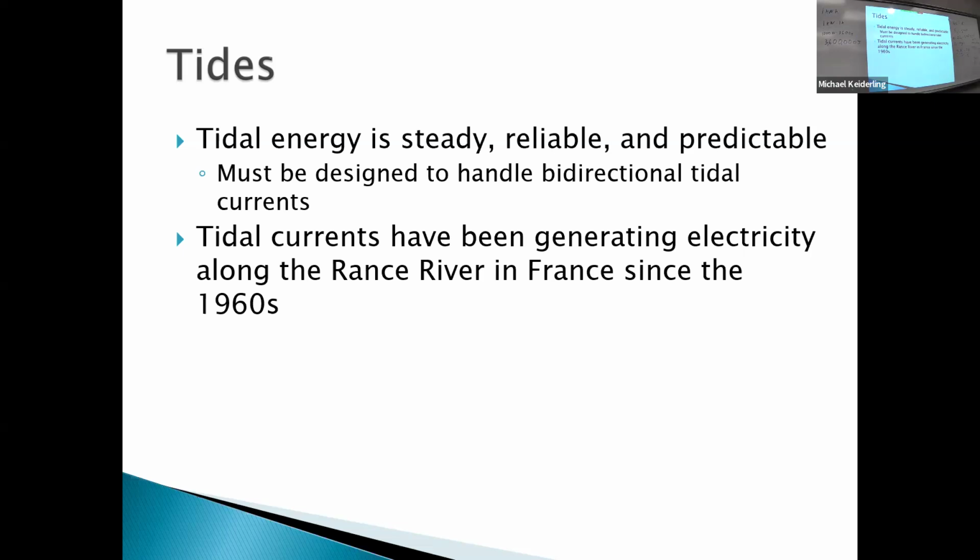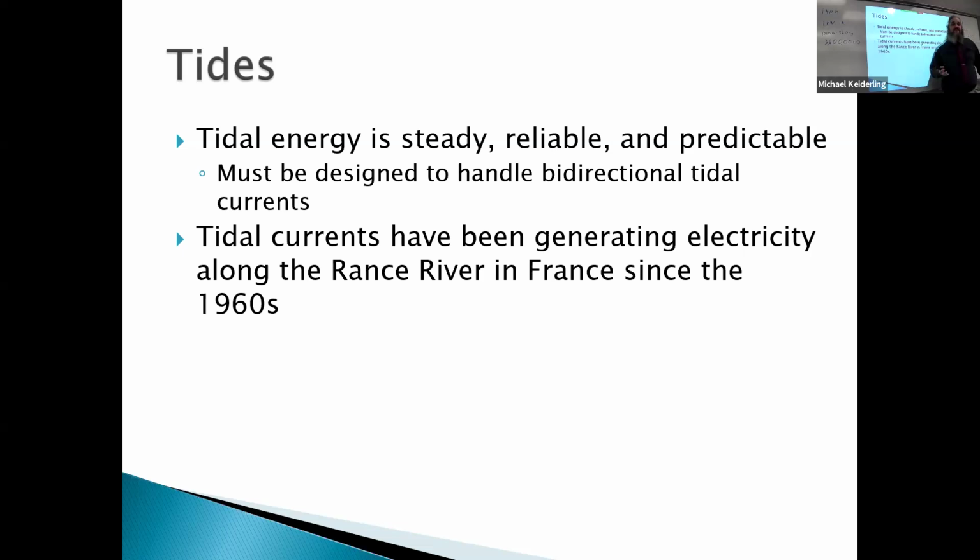It turns out the ocean is a terrible place to build mechanical turbines and things, because stuff grows on them. It's full of salt water, so stuff corrodes. It's just a kind of vicious place.